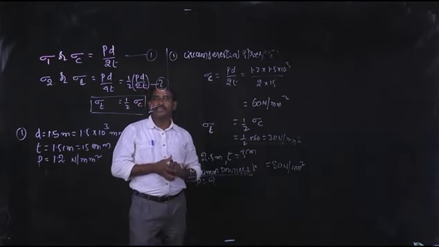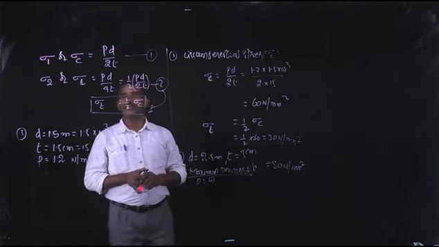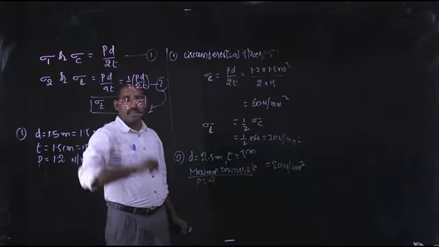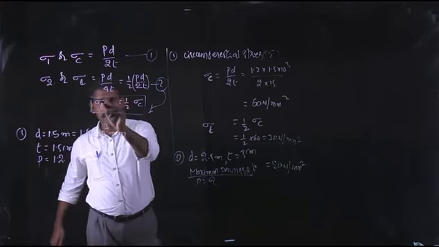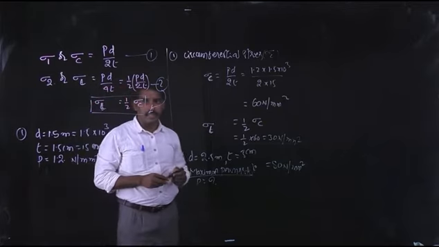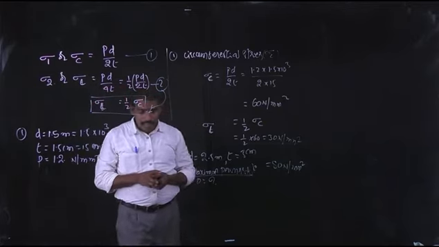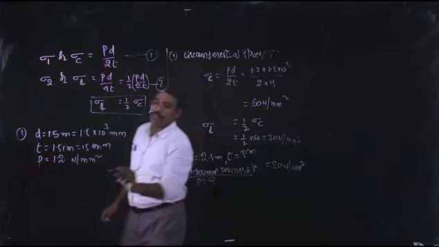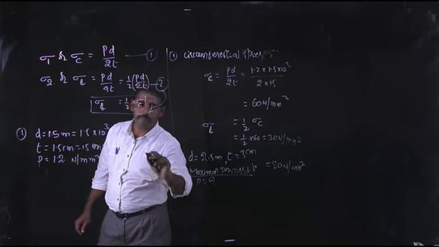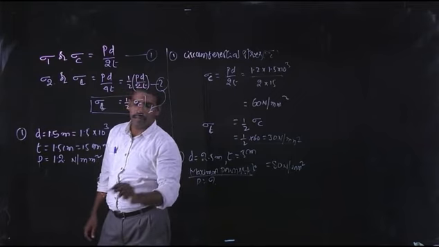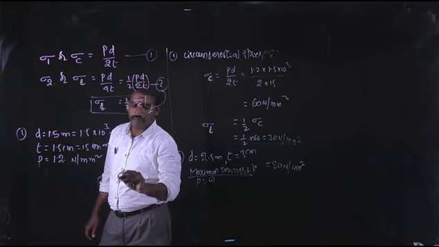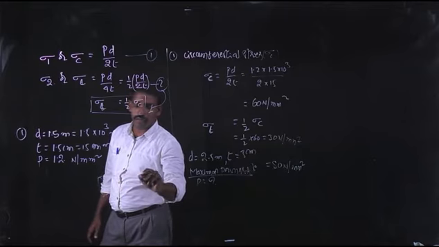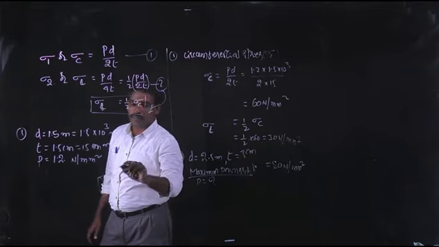From the derivations, finally we conclude the circumferential stress is PD by 2T and the longitudinal stress is half of the circumferential stress. It means the maximum stress is induced circumferentially. For example, this is a pipe, and there is a fluid, so there is a fluid pressure acting on the surface.